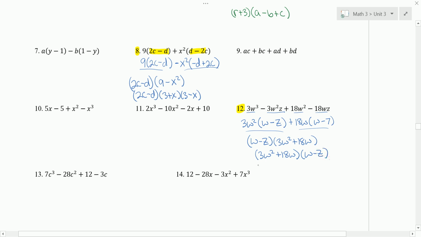And the first factor, I'm going to factor a 3w out, and I end up with w plus 6, and w minus z still there, and that is completely factored now. I could have also initially looked at all four terms and divided all of them by 3w to start with, and then factored by grouping. Either way, we want to end up here.